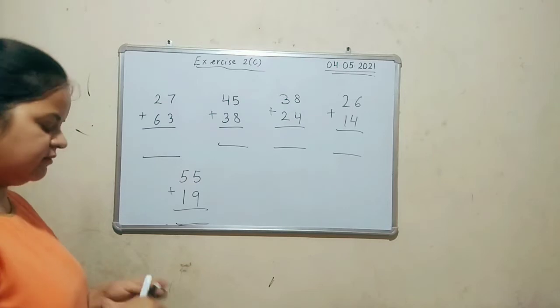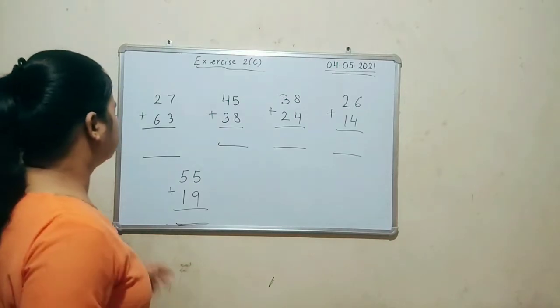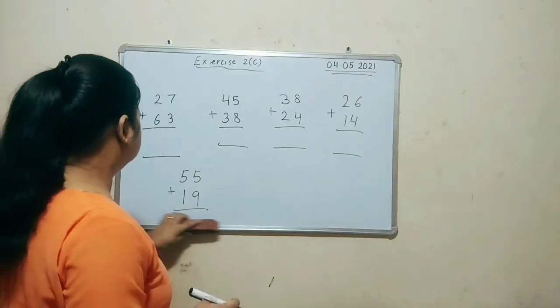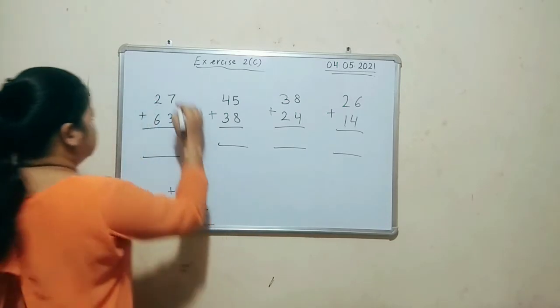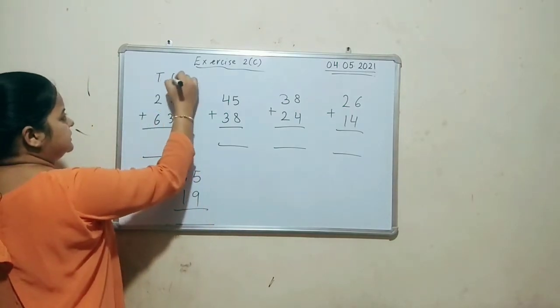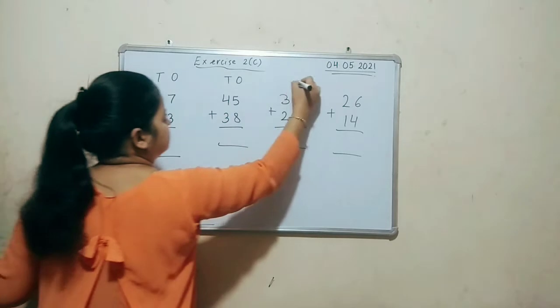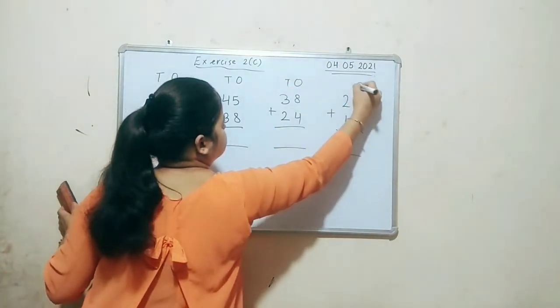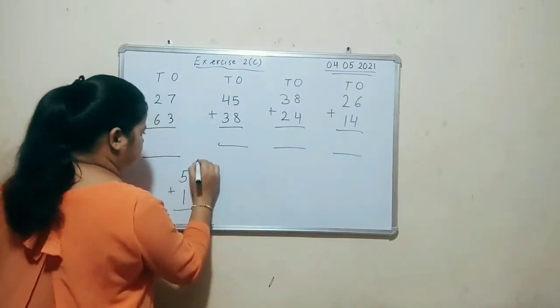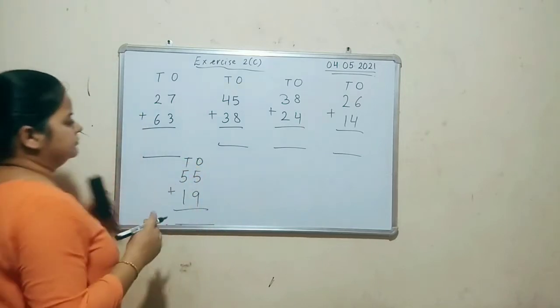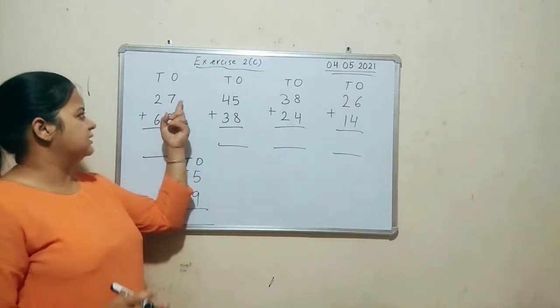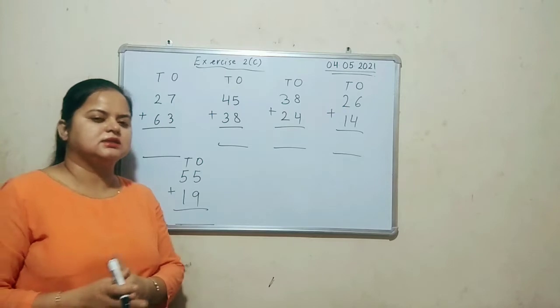These 5 sums we have in exercise 2C. Ones, tens. Okay. The first sum is 27 plus 63.